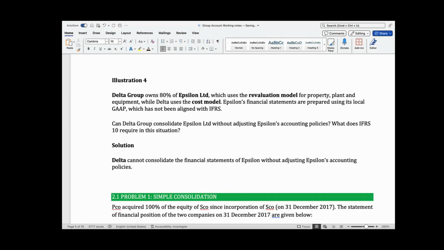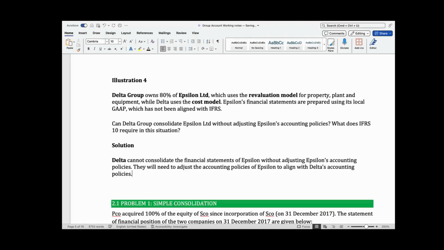So they will need to adjust the accounting policies of Epsilon to align with the parent's, or with Delta's, accounting policies.